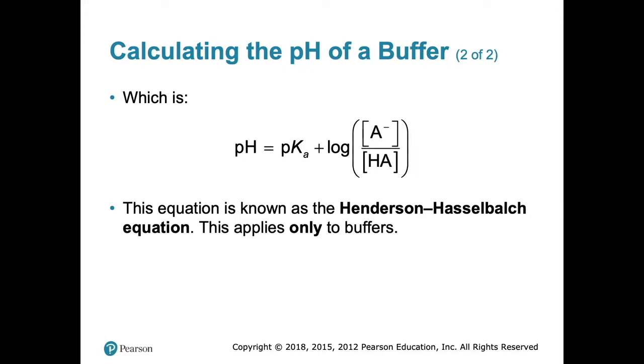So the only reason why I went through all that was just to show you where that pKa came from, right? It literally just means negative log of the Ka. Does that make sense? Do you know why we change it to pKa like that? It's because usually when you see a Ka, it's another number with scientific notation in it, right?